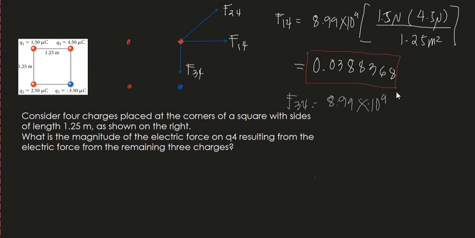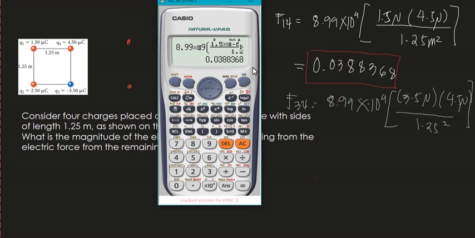This will be multiplied by Q3 and Q4. Q3 is 3.5 micro multiplied by Q4, which is 4.5 micro, all over the distance, which is 1.25 squared. So this is equal to, let me just check the 3.5.